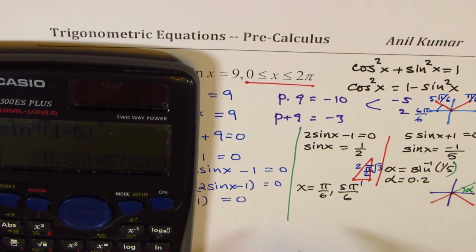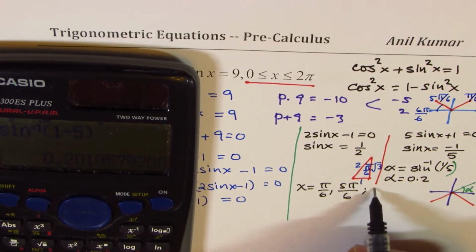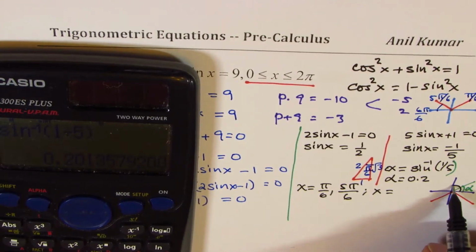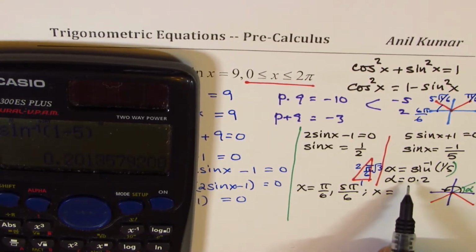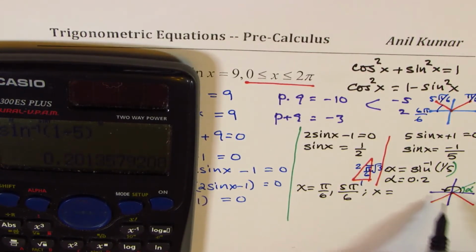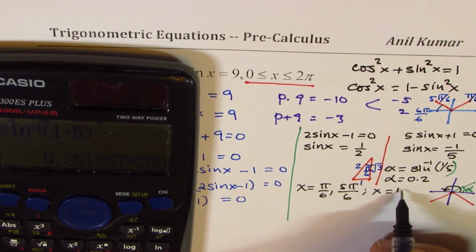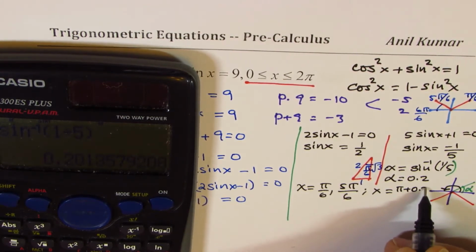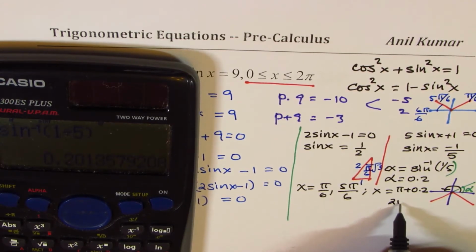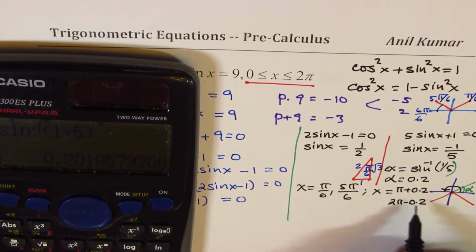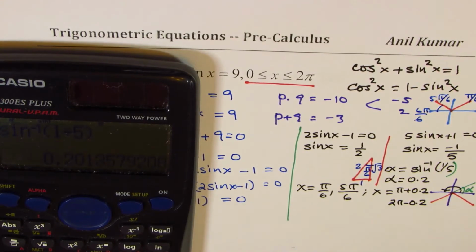So what are the values of x? In this case, x is equal to pi plus 0.2 and 2 pi minus 0.2. Is that okay? So those are the two solutions within the given domain. Perfect. So that is how you could do it.